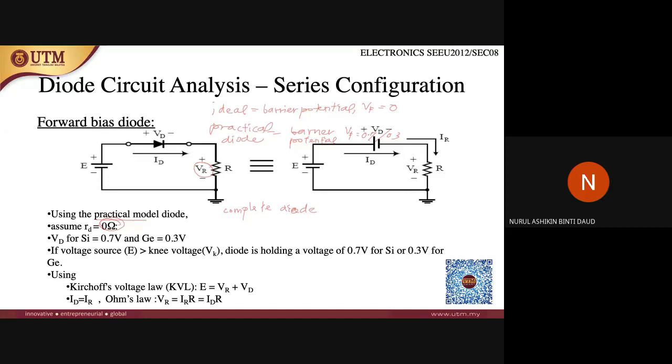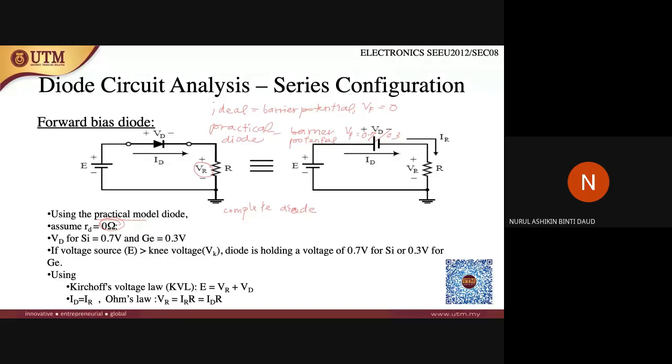So it means that the voltage source should be bigger than the diode voltage. The diode is holding a voltage of 0.7 volt for silicon or 0.3 volts for germanium. Using the Kirchhoff voltage law or KVL, E here is equal to VD plus VR.